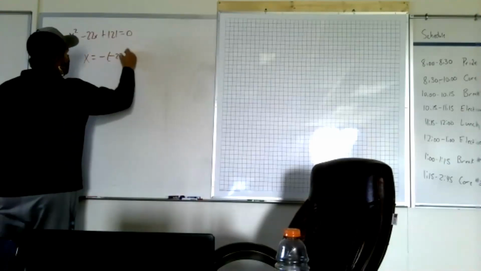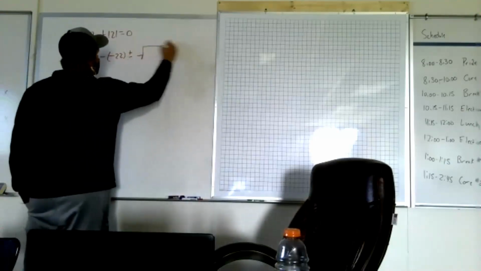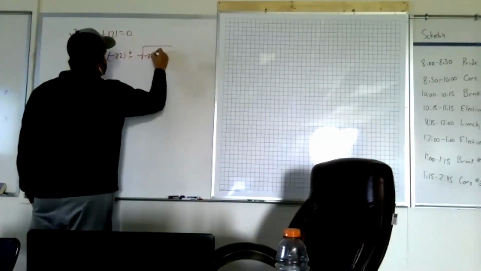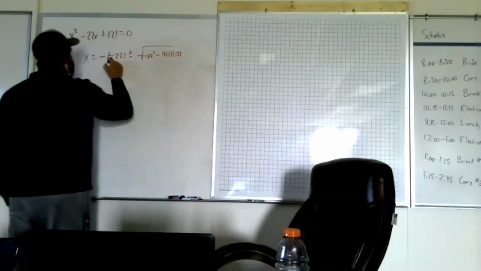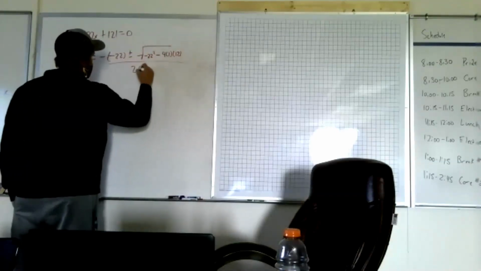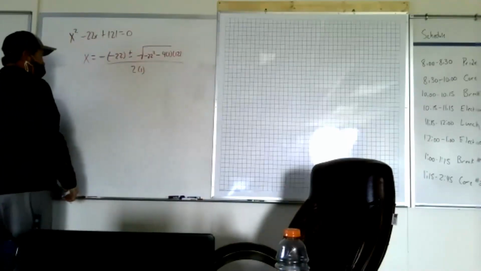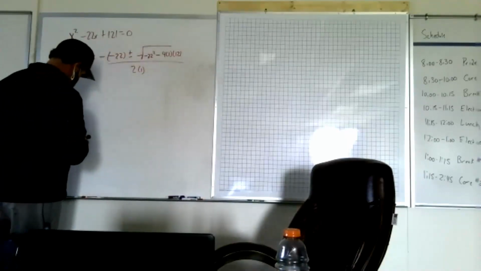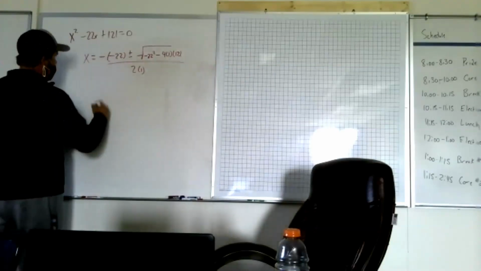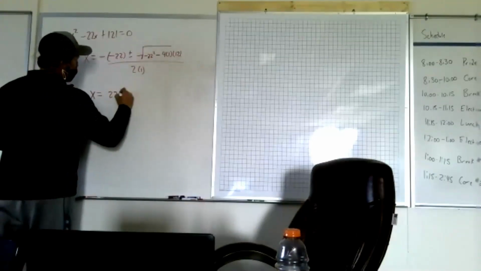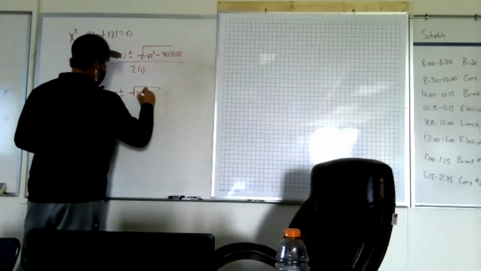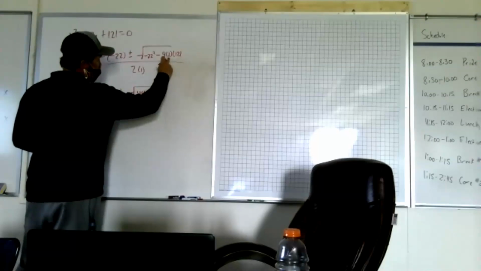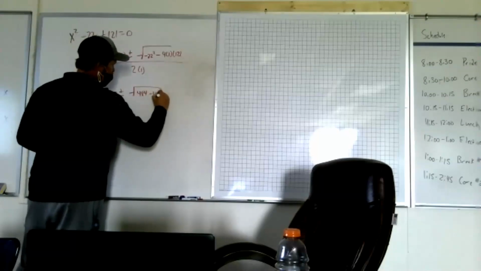So a, negative 22 plus or minus the square root of negative 22 squared minus 4 times 1 times 121, all over 2 times 1. 22 squared is 484. So x is equal to 22 plus or minus the square root of 484. 4 times 1 times 121 is 484.